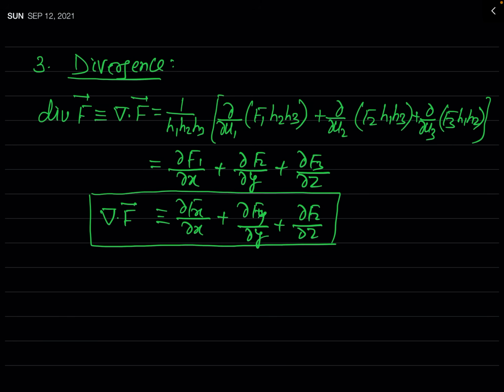Now we will find the expression for curl of a vector function in Cartesian coordinate system. You have seen earlier how curl of a vector function f is defined in orthogonal curvilinear coordinates.